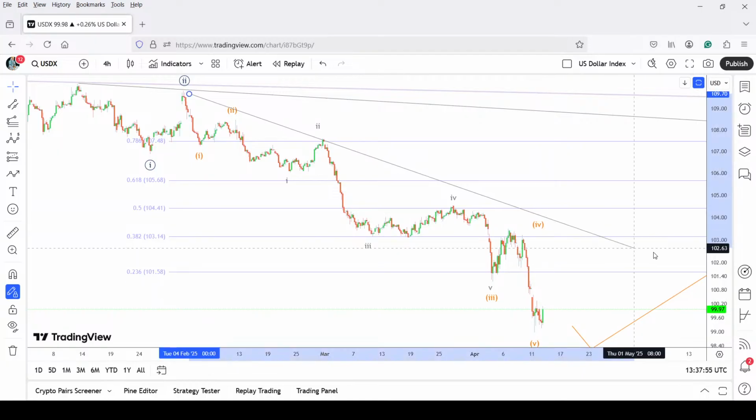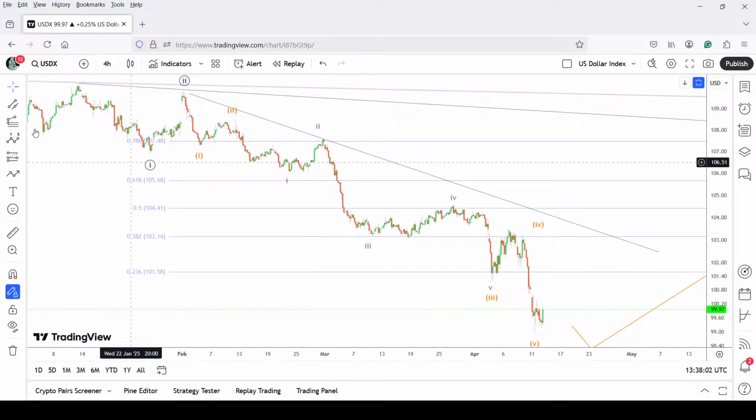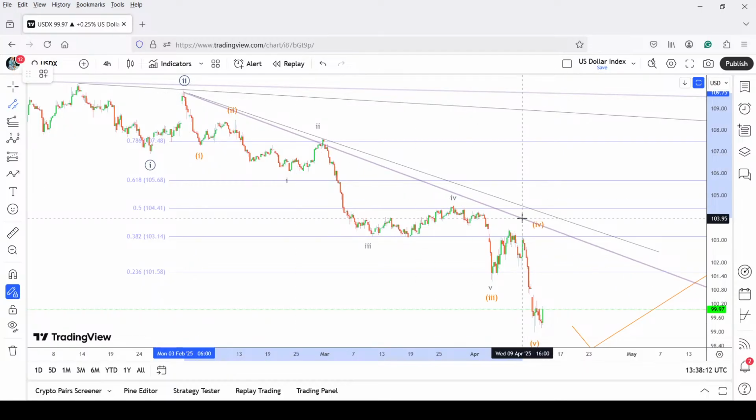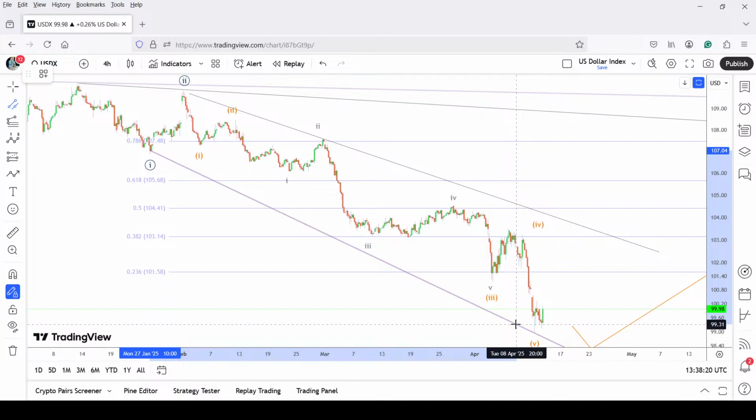I will take a trend line note. We will drag the trend line lower, and also we will try and see if the channel, sorry, it's actually 1 and 3, back to wave 2.